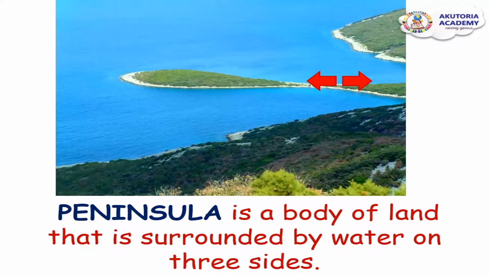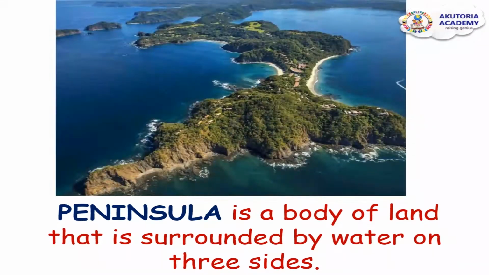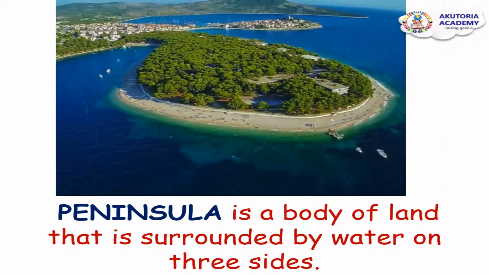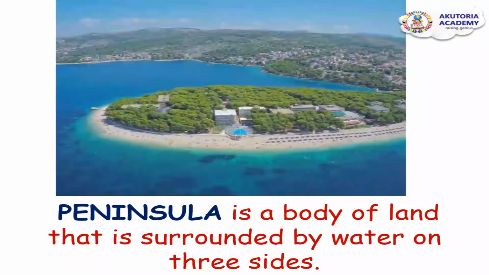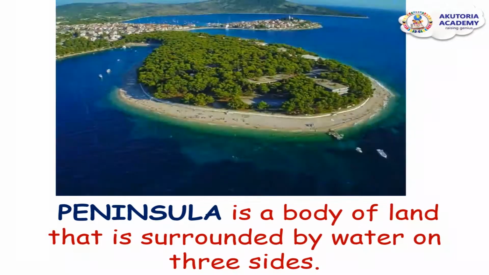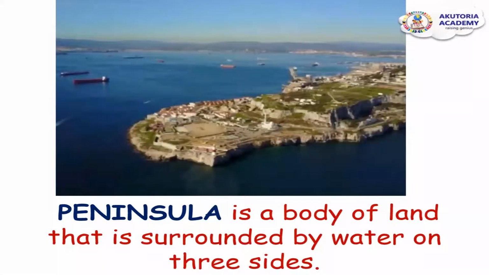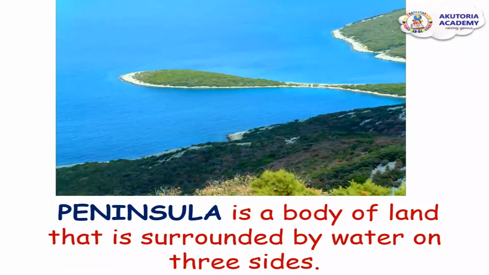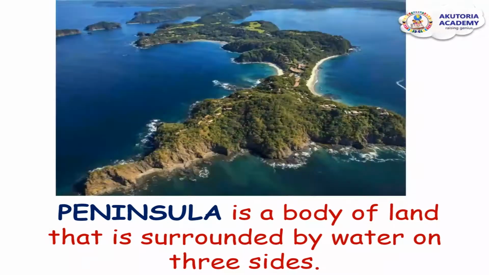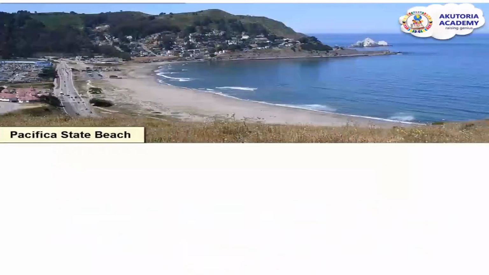So this land is a peninsula. If you notice from the pictures and from the clips, these lands are surrounded by water on three sides. That's why they are called peninsulas.